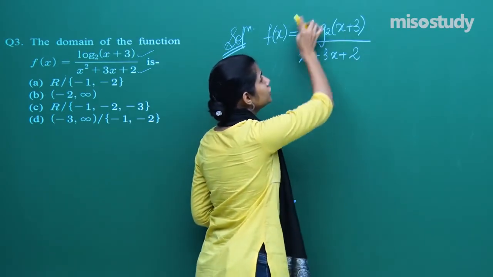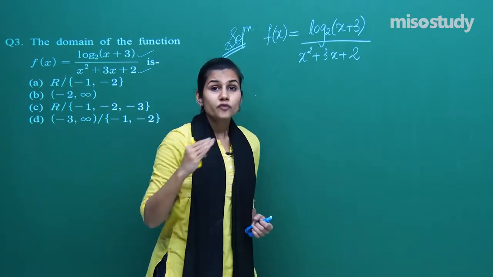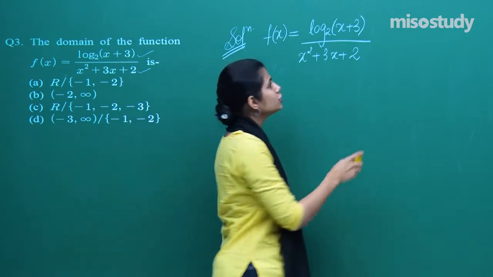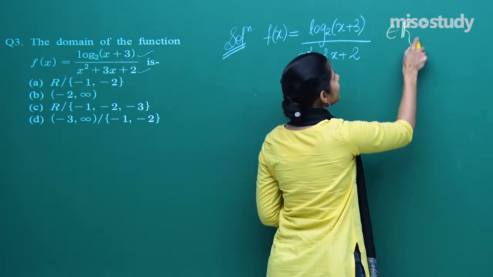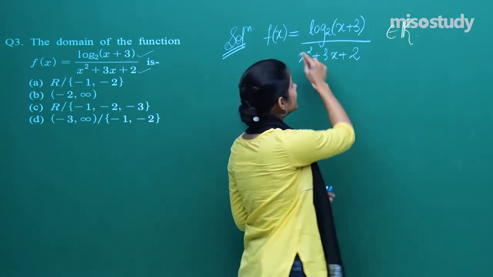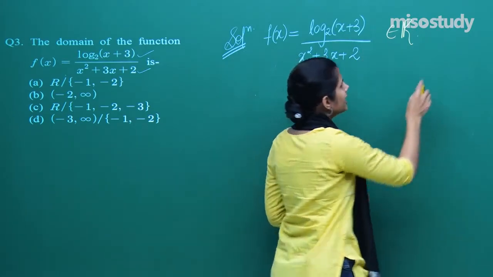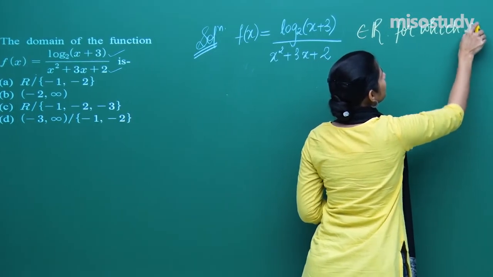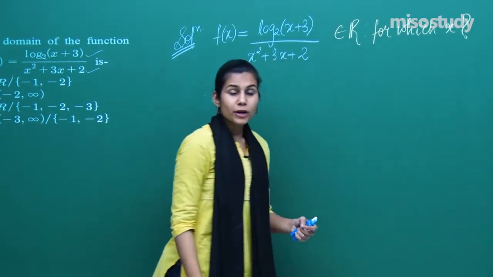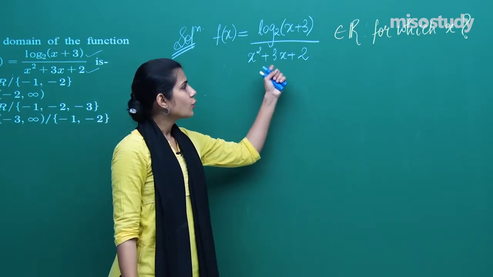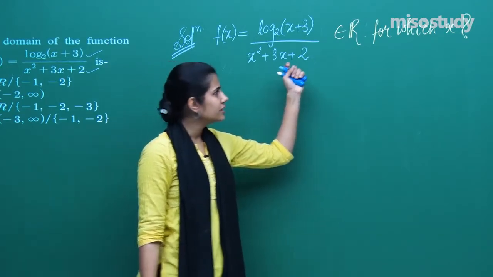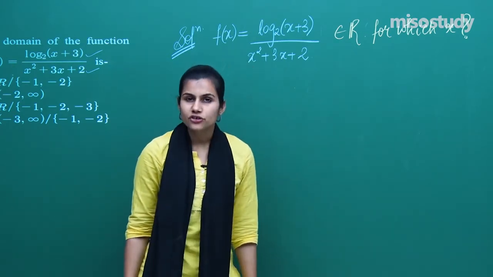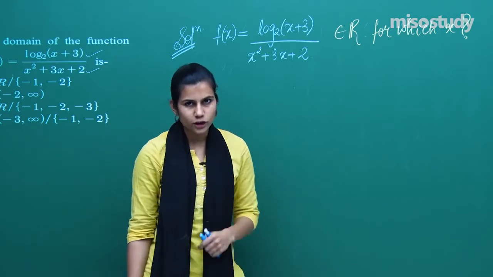For this expression to be defined, I have to find out for which x this expression sits inside R, because only those x's which deliver this expression inside real numbers get the entry in the input set of f known as the domain of f.